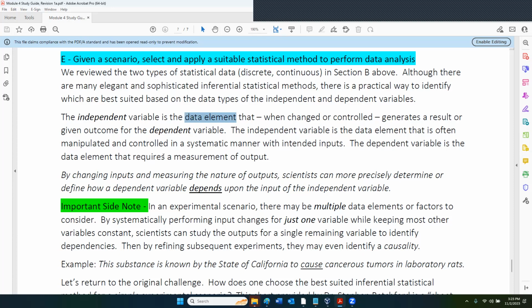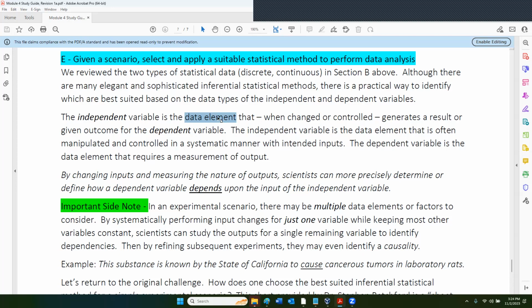So in the same kind of manner that a variable is an abstract in math, when we talk about variables in statistical analysis, the term variable is synonymous with a specific data element, right? So we're doing experiments, we're tracking the way that data elements change during that experiment.